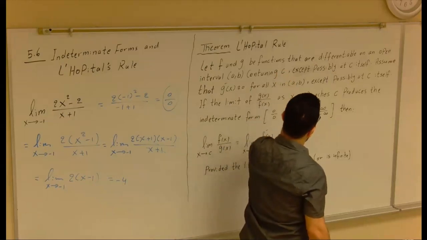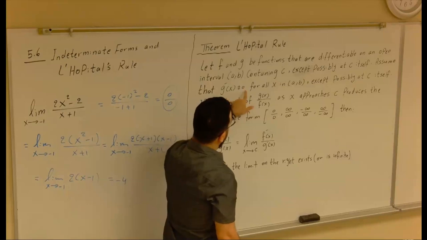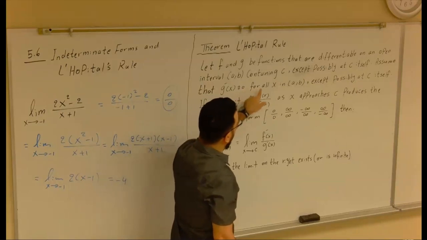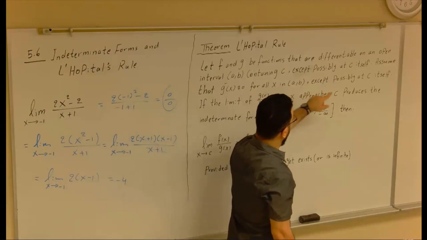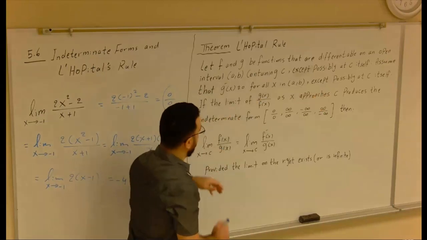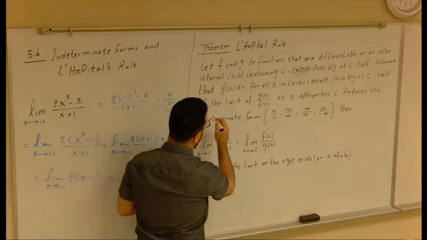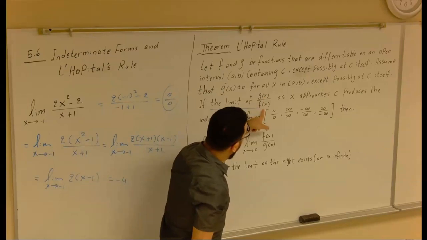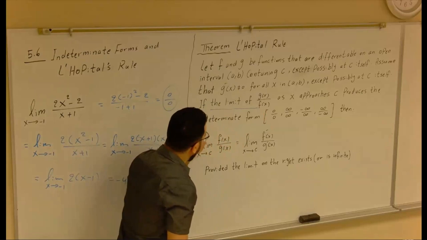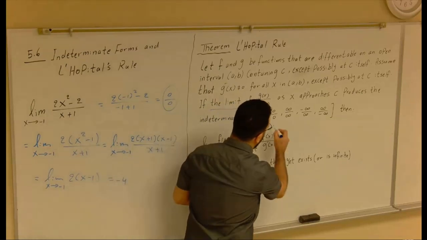Assume that the derivative of g is not equal to 0 for all x in (a, b), except the point c also. If the limit, here's the important thing, of f of x over g of x as x approaches c produces an indeterminate form, one of these forms.